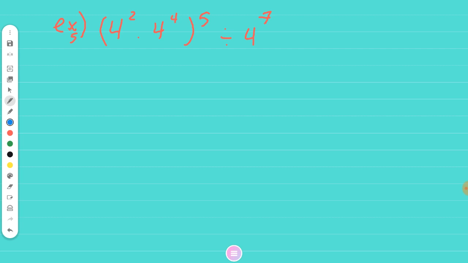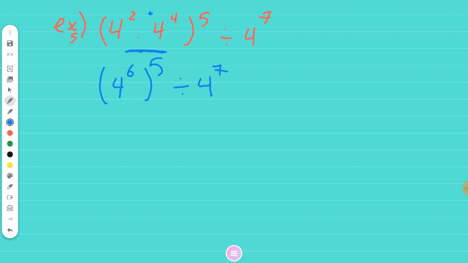Inside the bracket, I will finish what's inside the bracket first: 4 to the power 2 times 4 to the power 2. Here we have the property of multiplying two same bases, so I will add the powers, so it will become 4 to the power 6, all to the power 5 divided by 4 to the power 7.